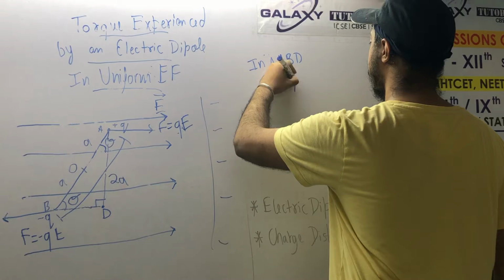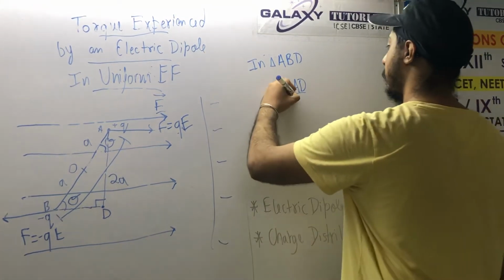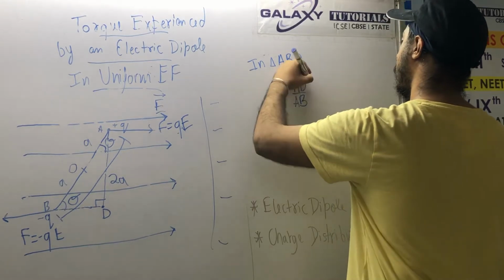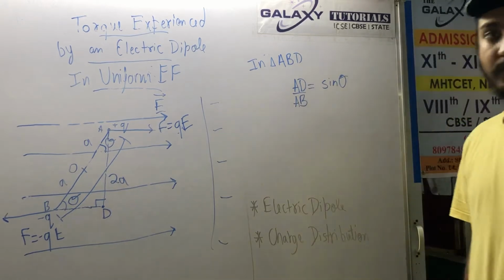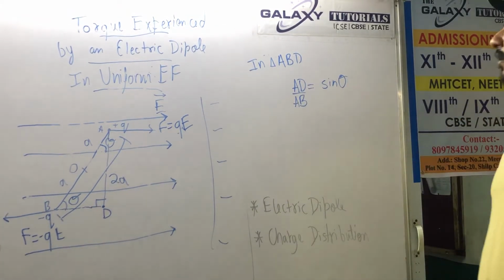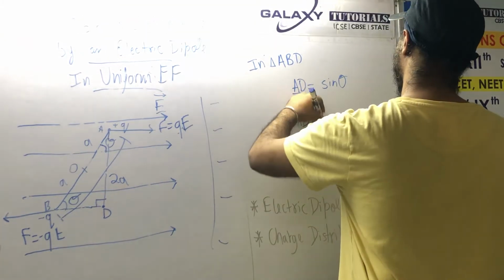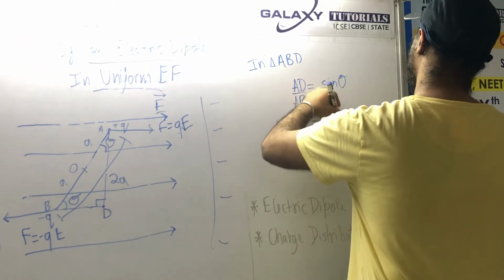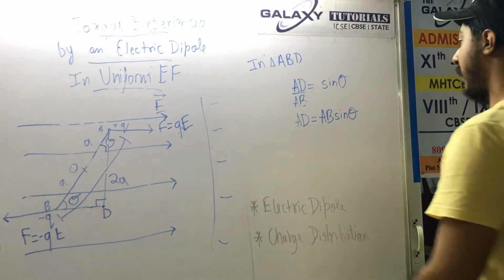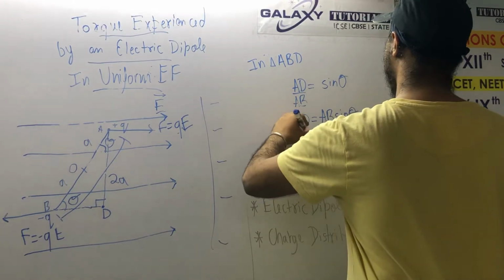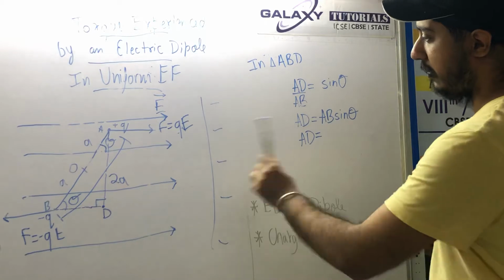Perpendicular is AD. We have to find that out. Perpendicular upon hypotenuse AB is equal to sin theta. So AD is AB sin theta. And hence we can say, AB is how much? 2A. A plus A is 2A.